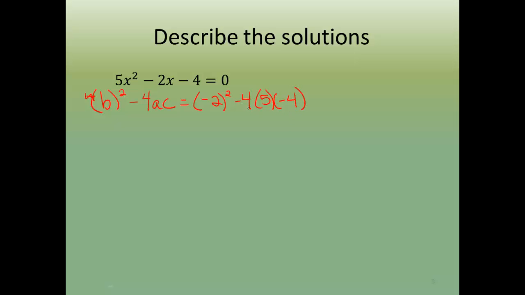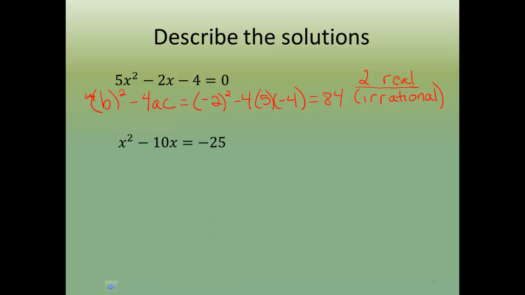That's going to be positive 80, so I'm going to get 84. It is a positive number, so I'm going to get two real solutions. 84 is not a perfect square, so my two solutions are going to be irrational. So the description is two real solutions, and they happen to be irrational.